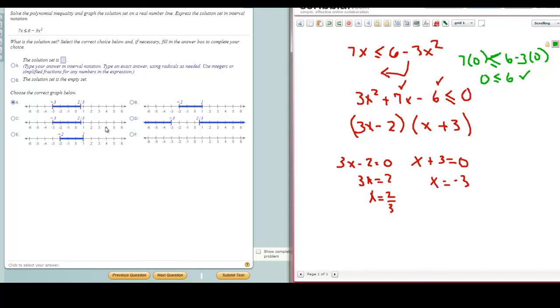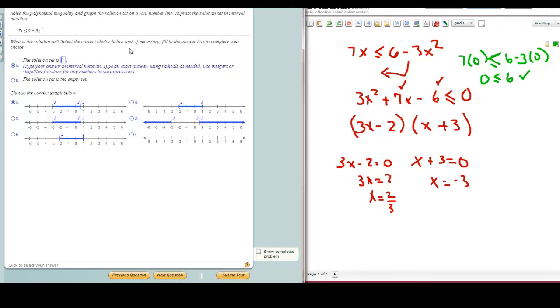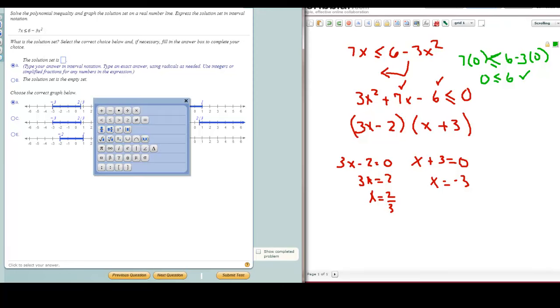But let's make sure here. What is the solution? The solution set is, and it says to do that in interval notation, using radicals if needed, integers. Okay, so let's do interval notation. So negative 3 to 2/3. So we need brackets. Let's see if they had brackets in here to use, but I'm not seeing brackets, so I'm going to use the keyboard.